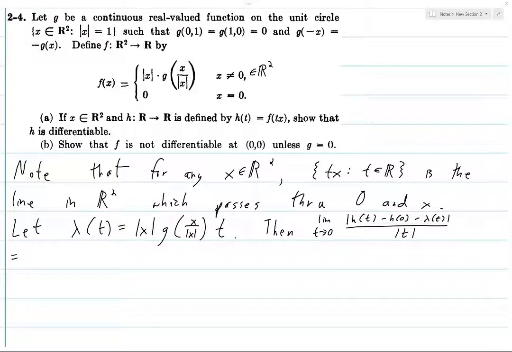Alright, I figured out a way to attack this problem. What I was going to do before was to prove that this function is differentiable at 0 and that its derivative at 0 is given by this norm of x times g evaluated at x over the norm of x. But that would only prove differentiability at 0 and not everywhere.